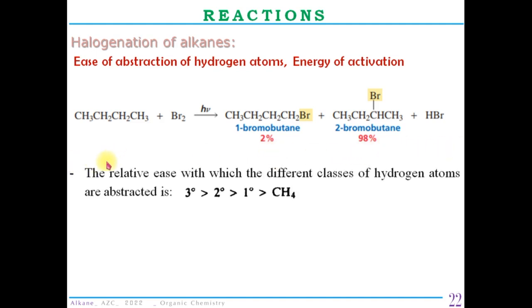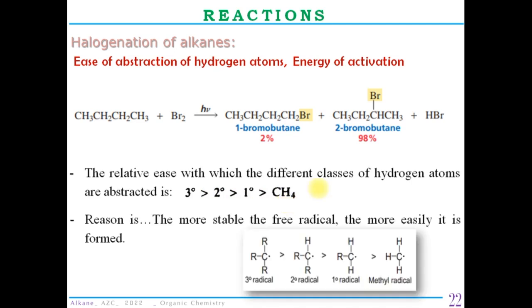So we can say that the relative ease with which the different classes of hydrogen atom are abstracted is tertiary, then secondary, then primary, and that is methyl hydrogen. This is because the stability of the intermediate radicals generated influences the ease of abstraction of hydrogen.